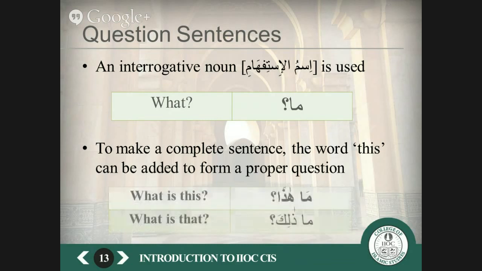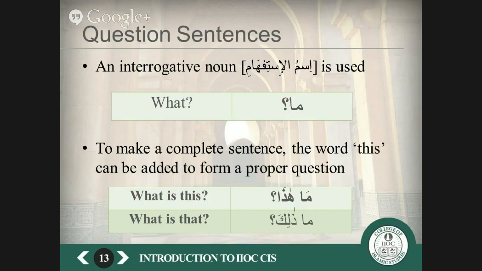So if we want to say, what is this? Say ma hadha. If you want to say what is that? Ma dhalika. So I can ask you a bunch of questions now. If I say, hey, ma hadha, answer the question. Dhalika qalamun. Good. I asked you ma hadha, so you should say hadha, but since you're far, you're saying dhalika. Okay, then it's fine.